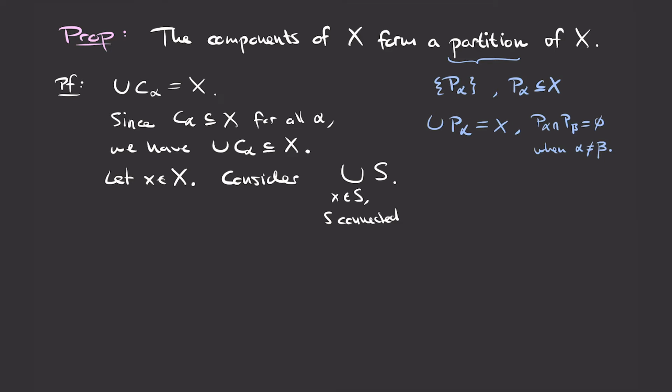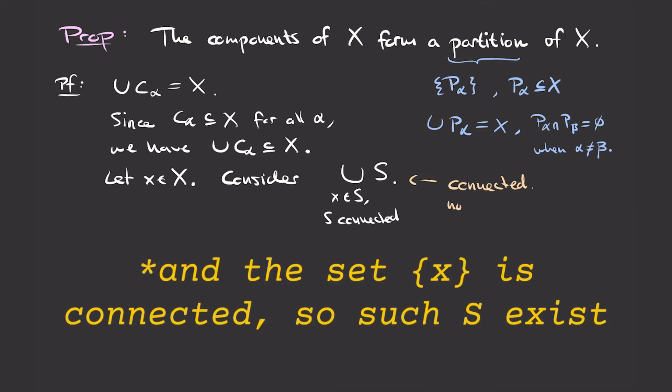So this result implies that the union we have here, since they all share X in common and they're connected, means that this union is connected. Also, it's clear that this union is non-empty because each of the subsets in the union contain the point X. So certainly the union also contains X.